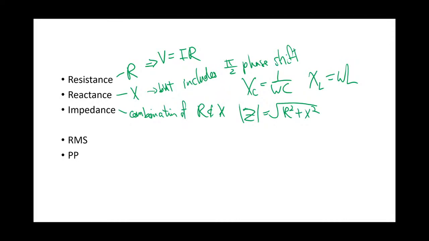And then we also talk about this root mean square thing, RMS, which is equal to the amplitude over root 2, which is related to calculating average power. So hopefully you're not mystified by the RMS notation anymore.